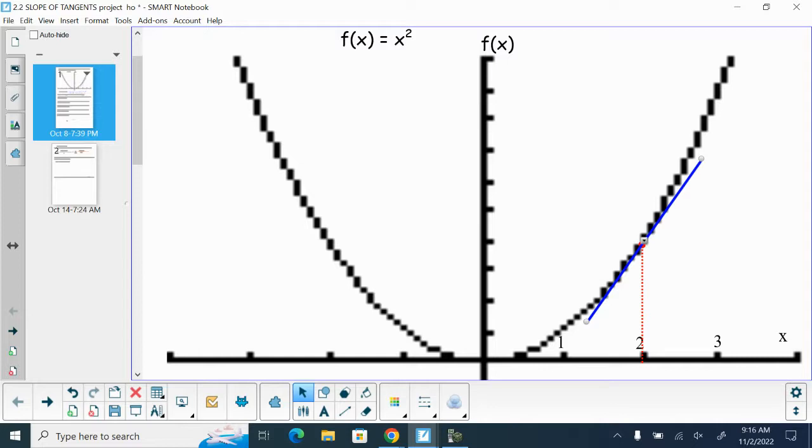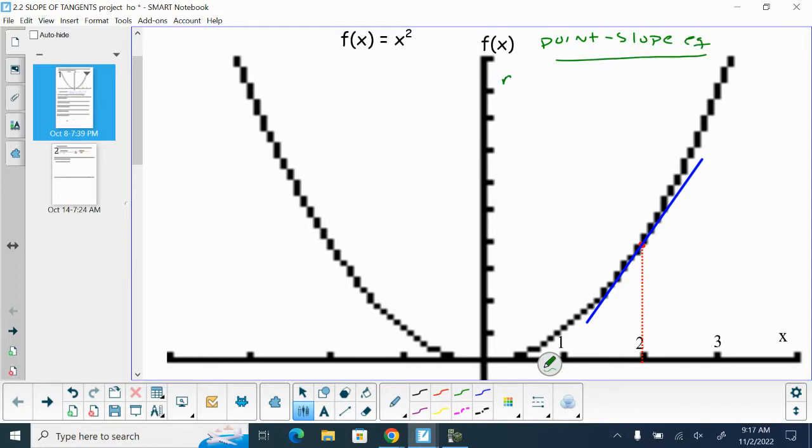Well, when we're determining the equation of a tangent line, we need to do two things. We have a point slope equation. Our point slope equation will allow us to determine an equation of a line if we know a point that the line contains and we know the slope of that line.